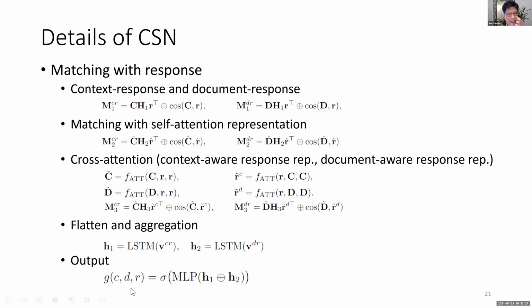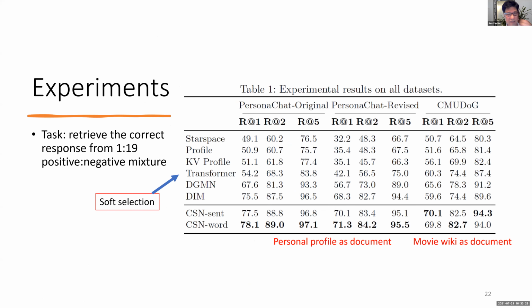Okay. Now, what I'm going to present is the experimental results, where the method I present here is compared with a set of previous approaches, where typically we do some soft weighting, not really the selection. That is, we keep everything by using some attention weight. So that's the key idea.